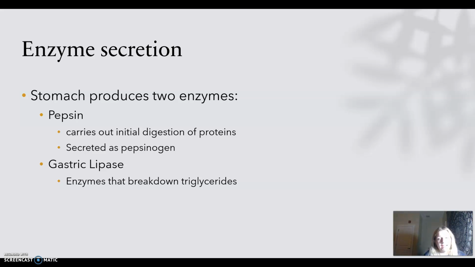The next enzyme that is secreted is gastric lipase, and this enzyme breaks down triglycerides. It is co-secreted with pepsin, and less than 1/3 of fat digestion takes place in the stomach.